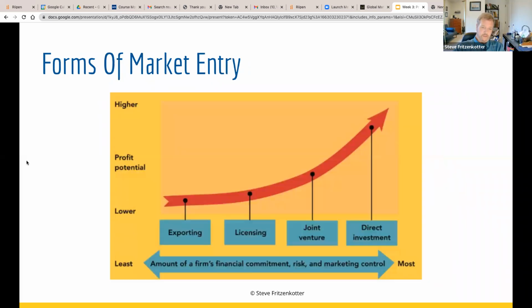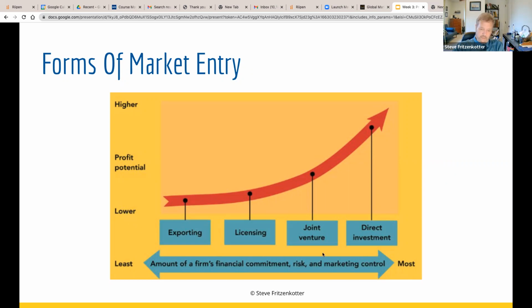This chart shows a couple of things. Number one, it shows the same strategies we just went over, and they're listed horizontally here. But on the vertical axis, we have profit potential, and the high profit potential is here, low profit potential is here.